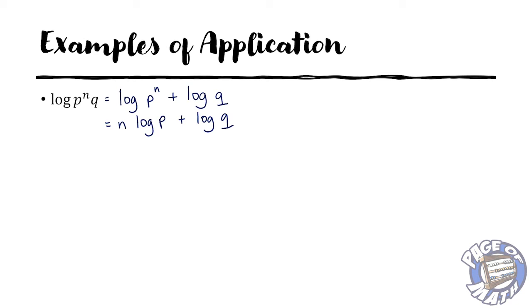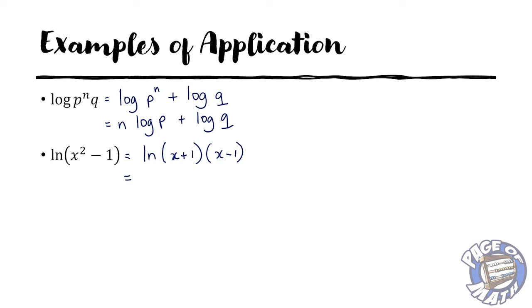Another example, we have the natural log, which is just like any other log, it's just that the base is different, of x squared minus 1. X squared minus 1 is a difference of two squares. I hope we all remember that from our algebra. So the natural log of x plus 1 times x minus 1. This is what this is equal to.